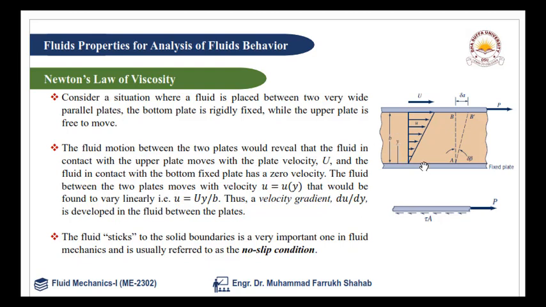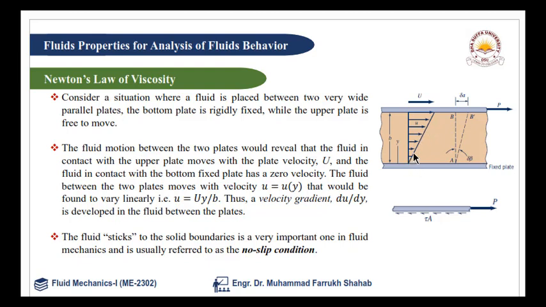What happens is that there is a velocity gradient. Velocity gradient means the velocity is changing from the bottom plate to the upper plate. So this triangle is showing the velocity profile. It is 0 at the bottom since the plate is fixed, and this is called the no slip condition, which means that the particles sticking to the surface are not moving.